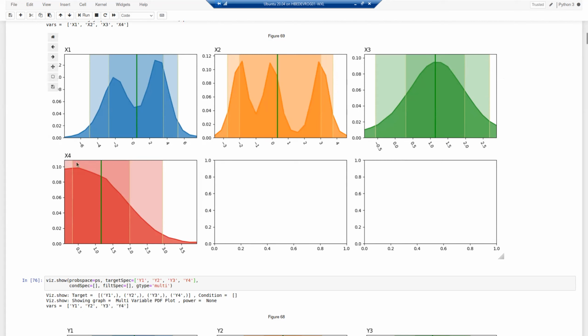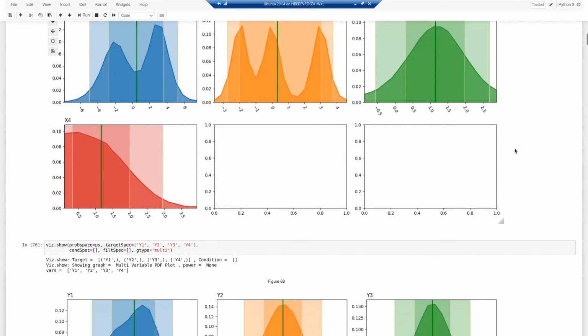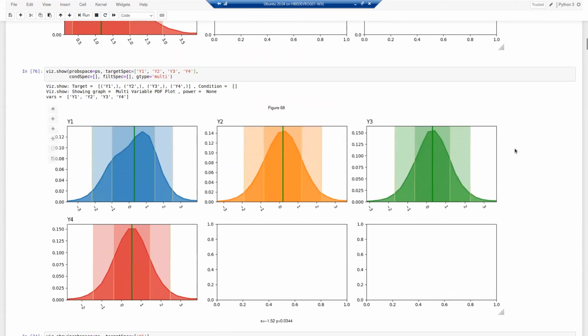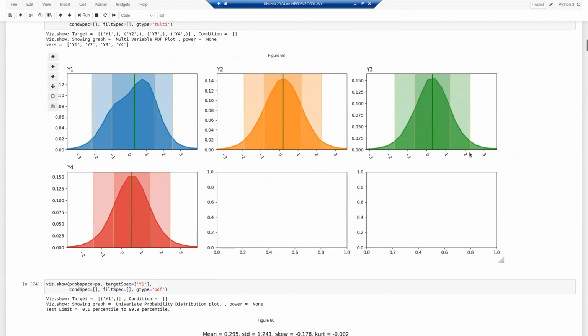The final distribution, X4, is a half normal distribution. And this is also very common for positive numbers. So this is what the basic data looks like. It doesn't tell you anything about the relationships yet, but you can see what the source data looks like.